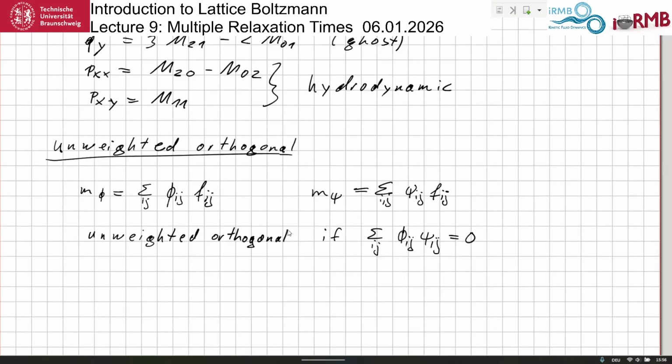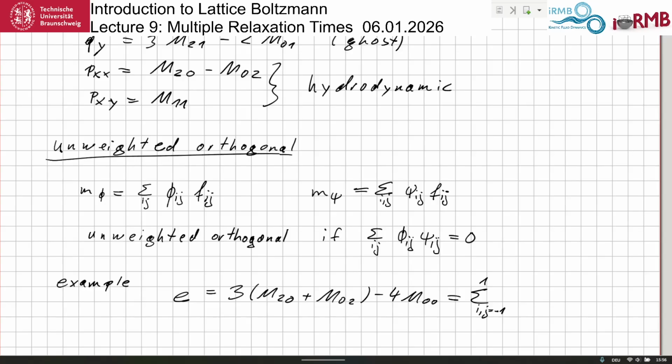So the example: we have E equal to 3 m20 plus m02 minus 4 m00. This can be written as a kernel.